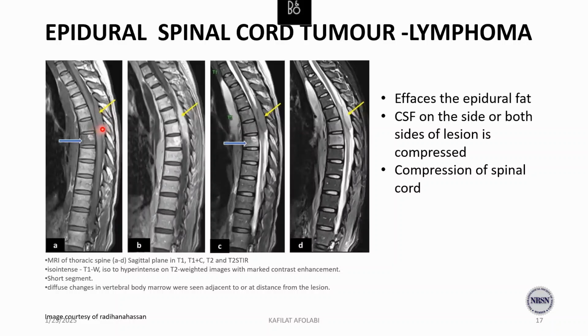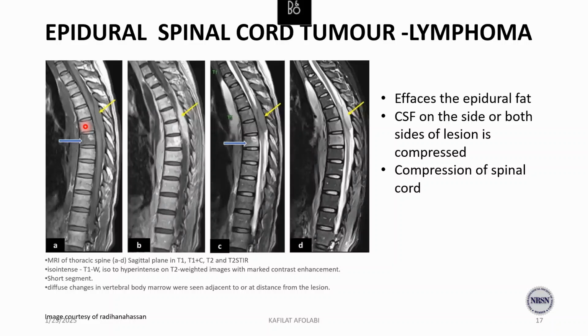The other sign is if we look at the cord proximal to the level of the lesion where the yellow arrow is, we can see, like we discussed in the anatomy, that the cord is surrounded by CSF. At the level of the lesion, we see that the CSF space is compressed and obliterated. Because this lesion is located posteriorly, it compresses the cord anteriorly.